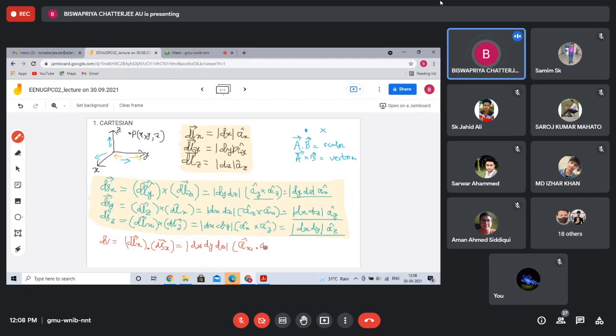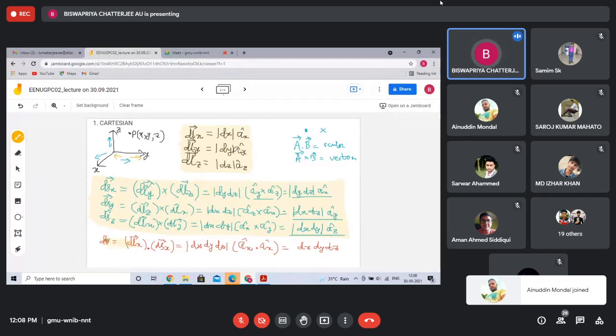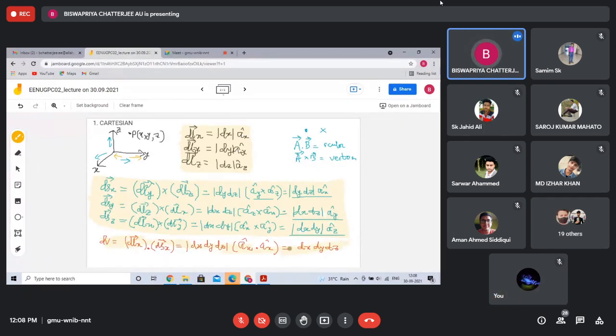So ax dot ax is 1, isn't it? Yes, sir. So dv is nothing but dx dy dz. This is the result for the differential volume element in the Cartesian system. So this is how these formulas come.